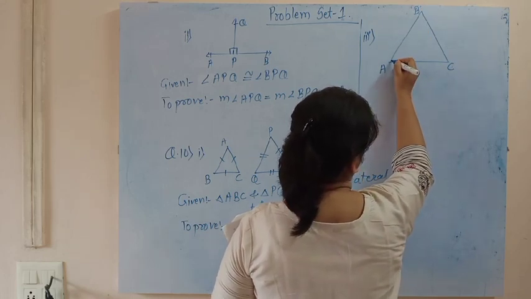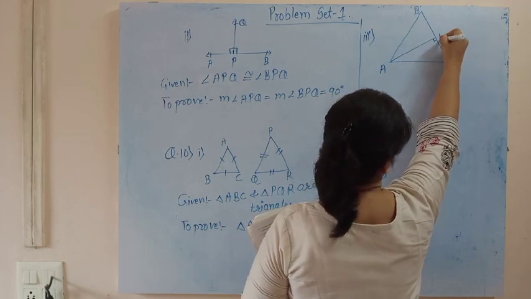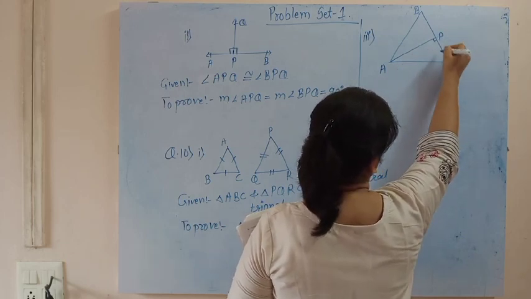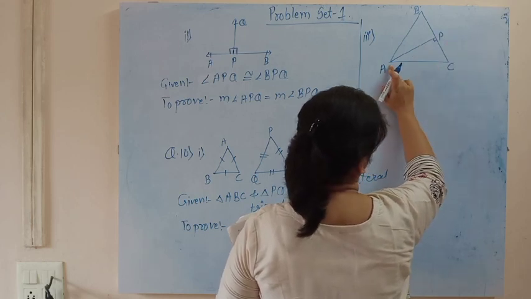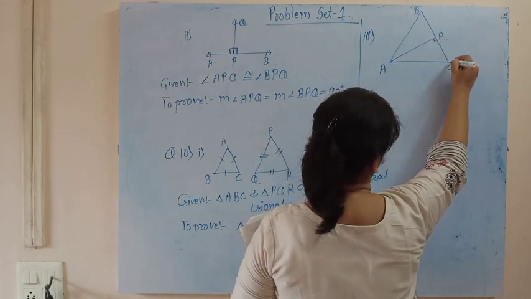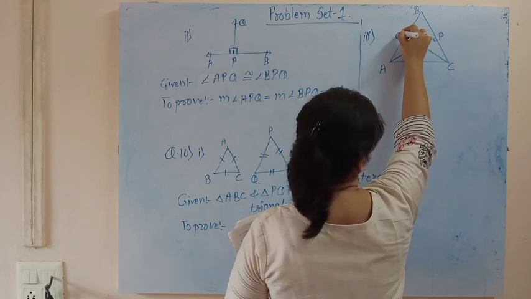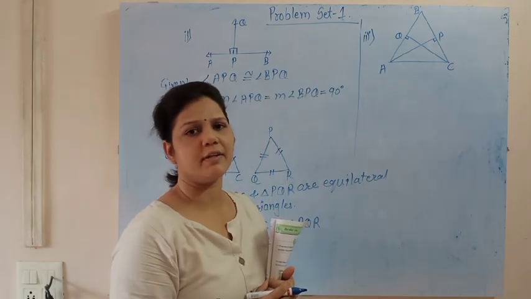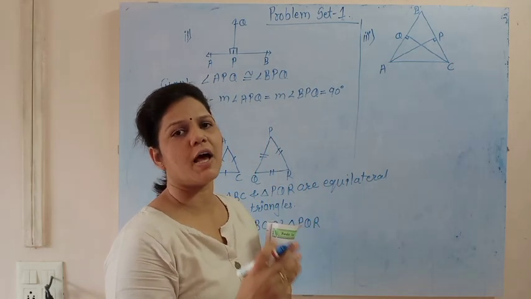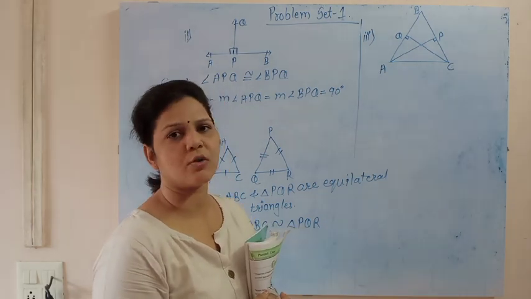Altitude means a perpendicular drawn from the vertex to the opposite side. Okay. So see, this is the altitude drawn from point A to the opposite side, and this is the altitude drawn from point C to the opposite side. Now what is given? The altitudes are congruent, and we have to prove the two sides are congruent.